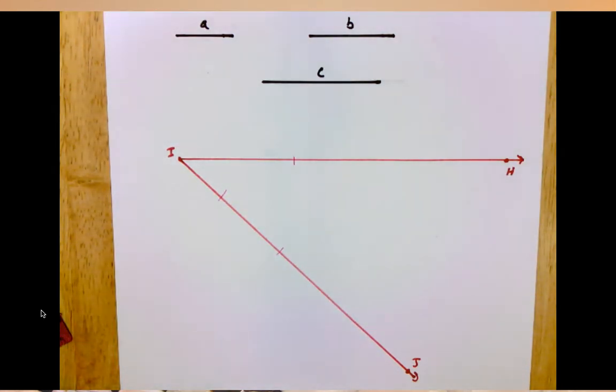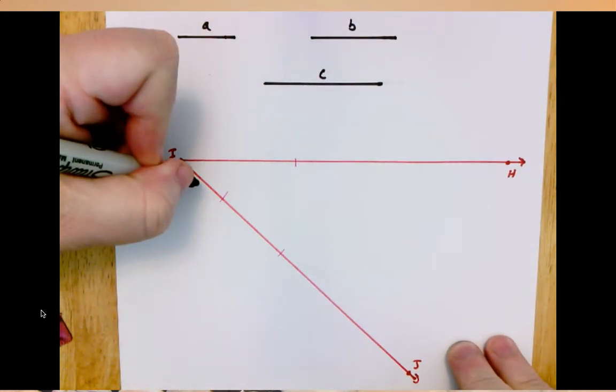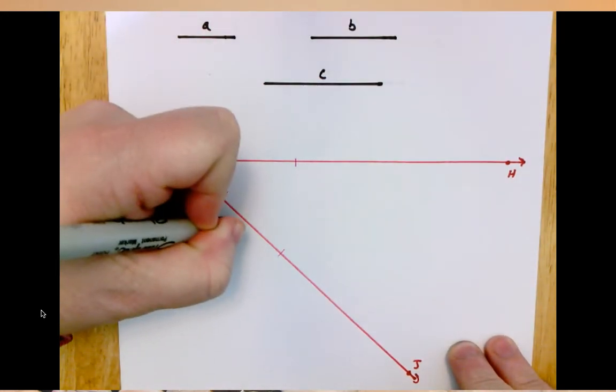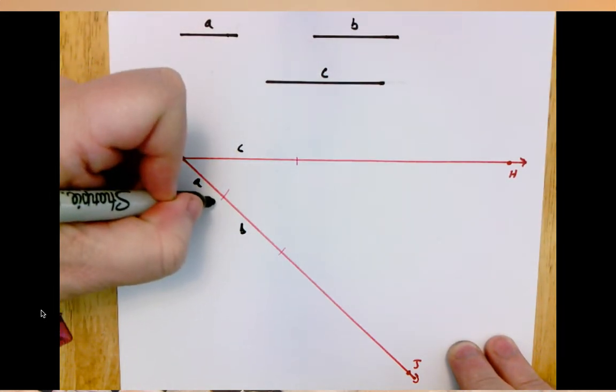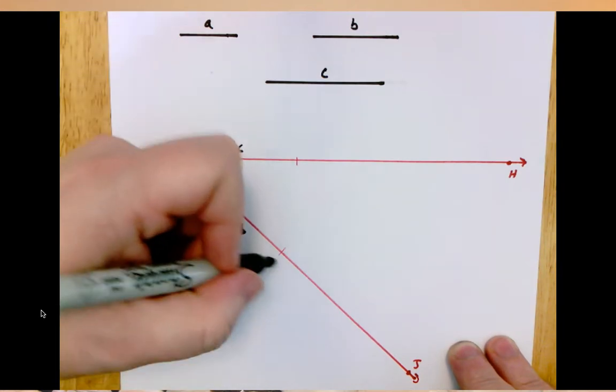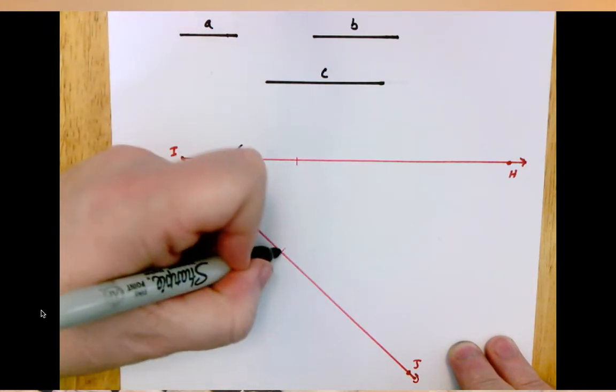So we now have copies of A, B, and C. These are points R right here.